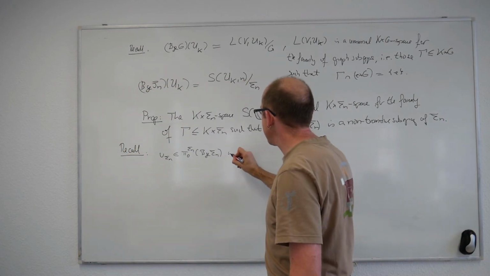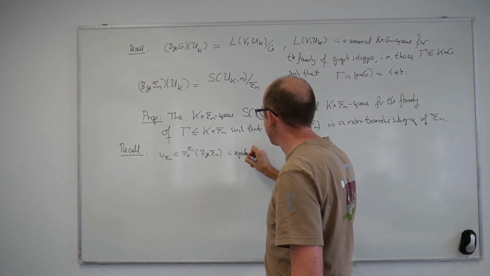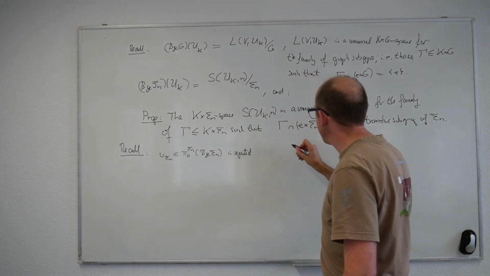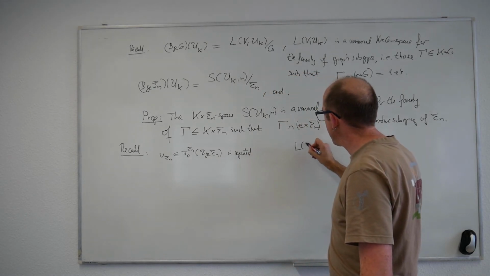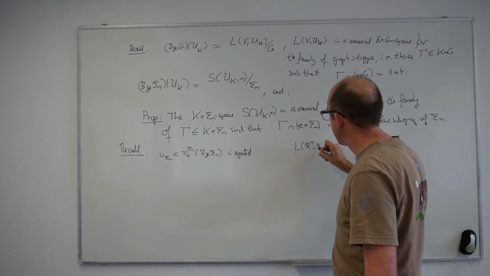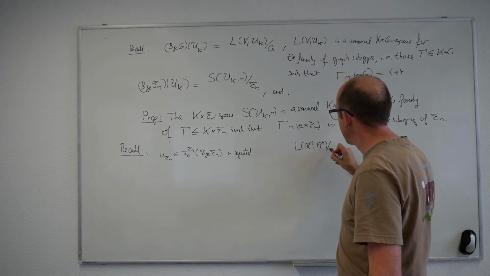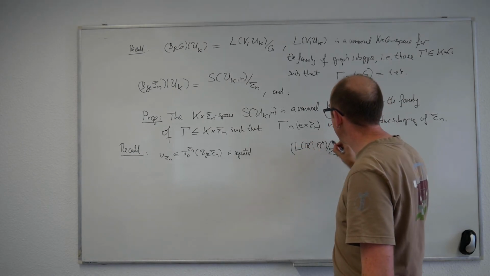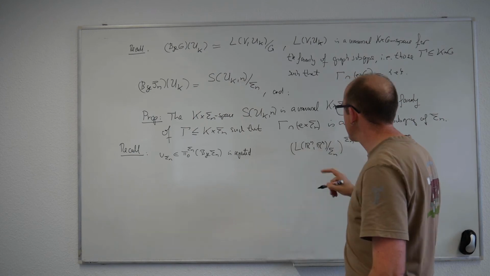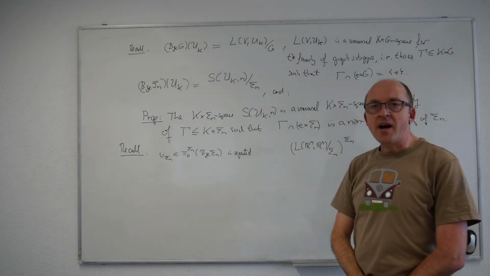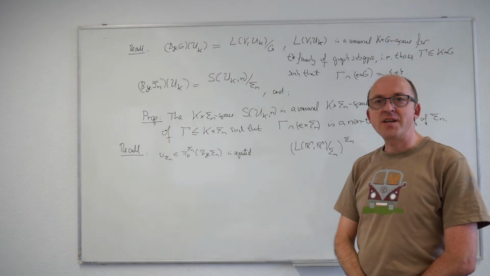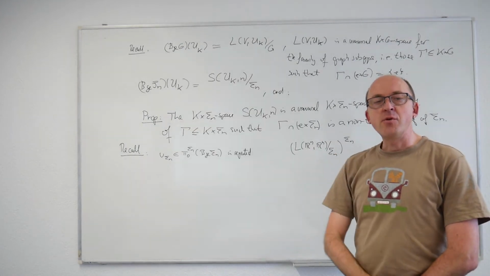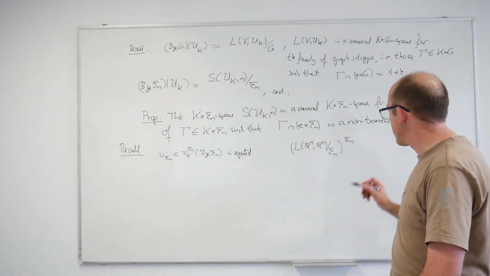So this class is represented by the following element in L(R^n, R^n) mod Σn and then Σn fixed points. So here I'm using R^n as my faithful representation for Σn, where I permute the coordinates. It's kind of a very convenient choice.